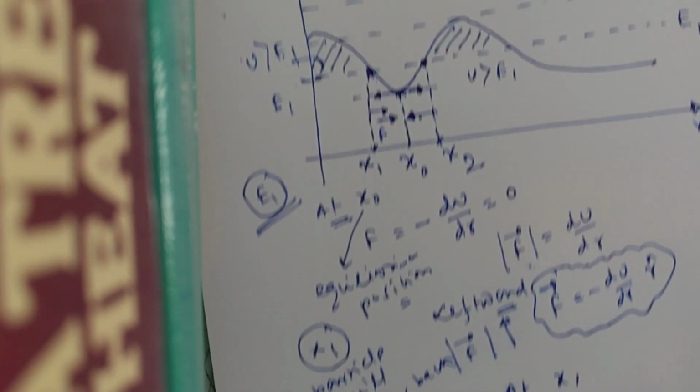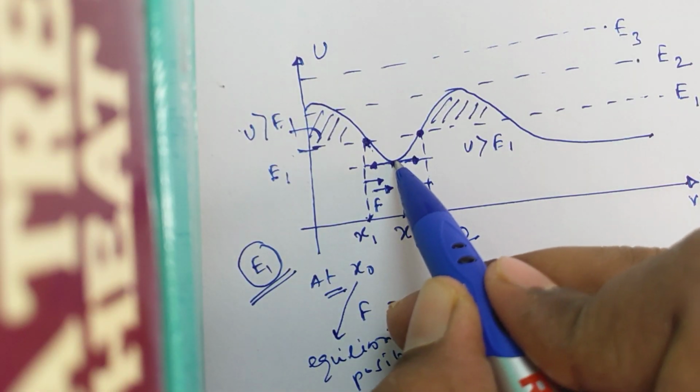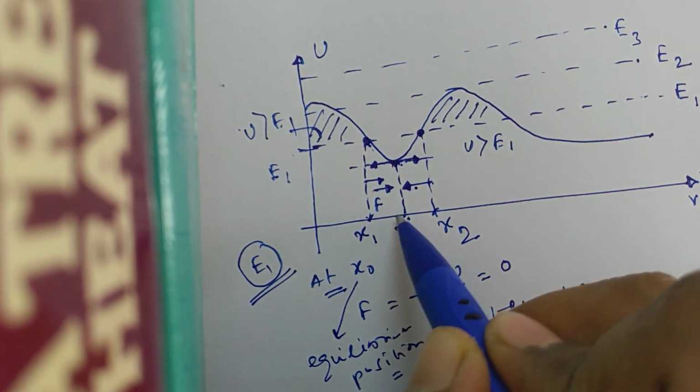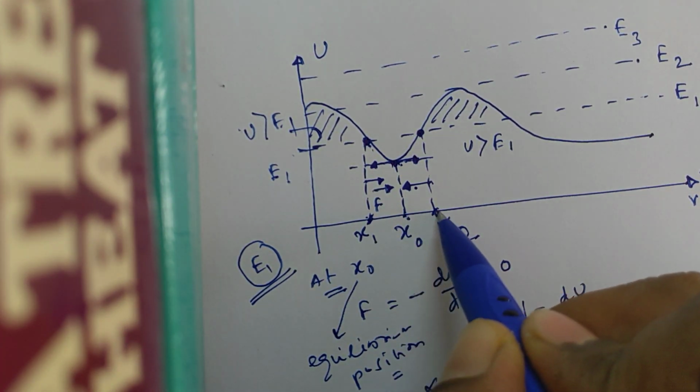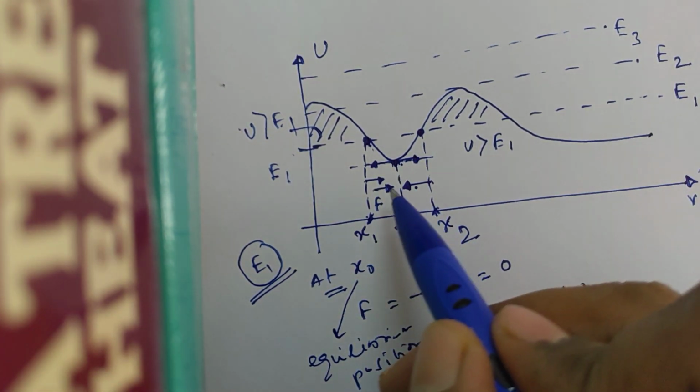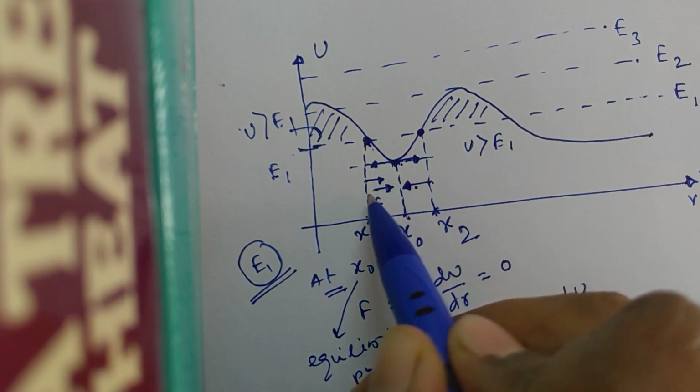So if you look at the diagram, if we disturb the particle a little bit from the point x0, it is basically executing SHM about x0 between the extremes x1 and x2. So the particle is showing the tendency to come back again and again.